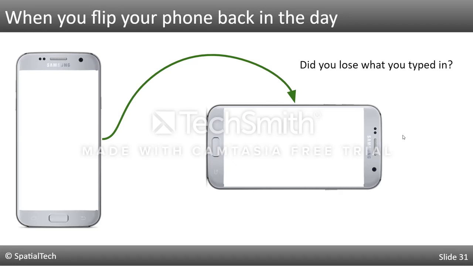So that would be the question: did you lose your data? And this really depends on a lot of things. One is the underlying Android framework and what's called the activity lifecycle. Every app on Android in code speak is called an activity. You can have one or many activities within an app, but it's how those get created and destroyed.